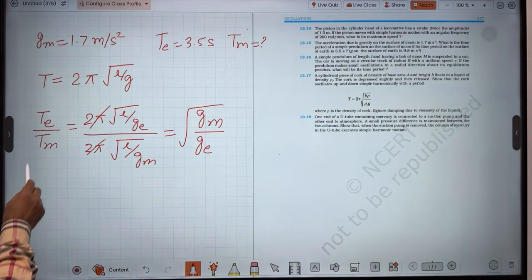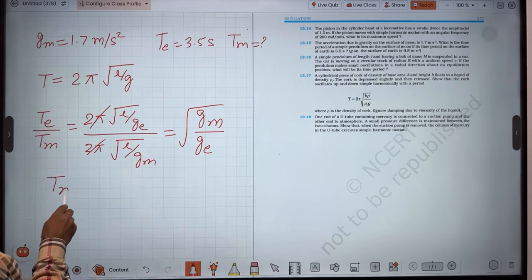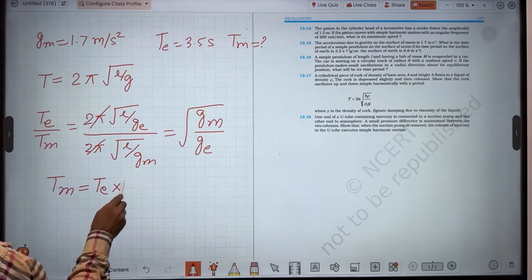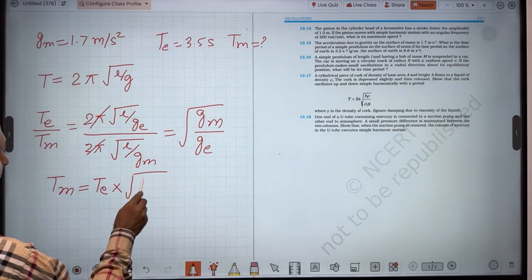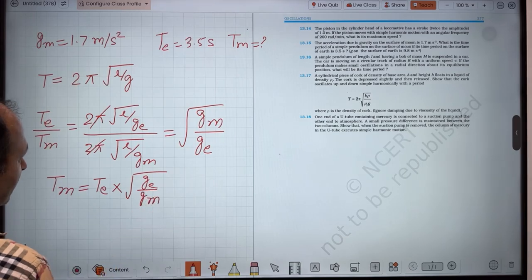Now we have to find out T moon. So we can make cross multiplication. T moon will be equal to T earth multiplied by root of g earth divided by g moon.